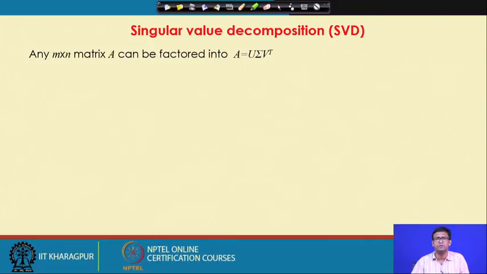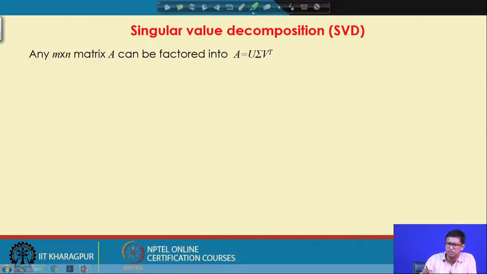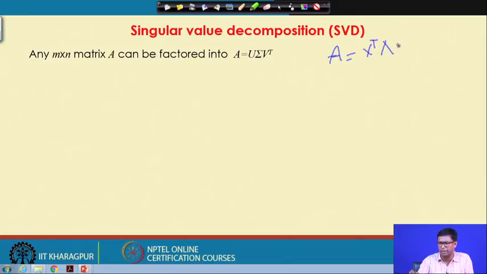There is one particular operation on a matrix, and if we remember, for square matrices we obtained that we can decompose any matrix A as A is equal to x transpose lambda x, where x is an orthogonal matrix, x is the matrix combining the eigenvectors, and lambda is the eigenvalue matrix.